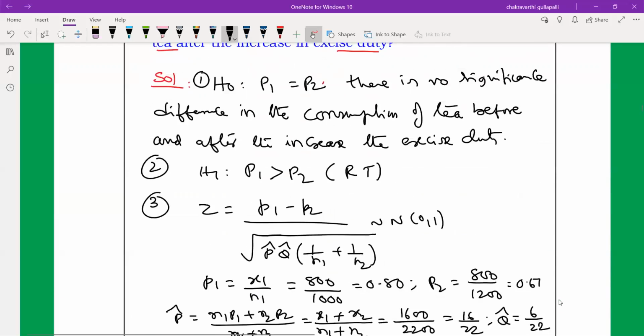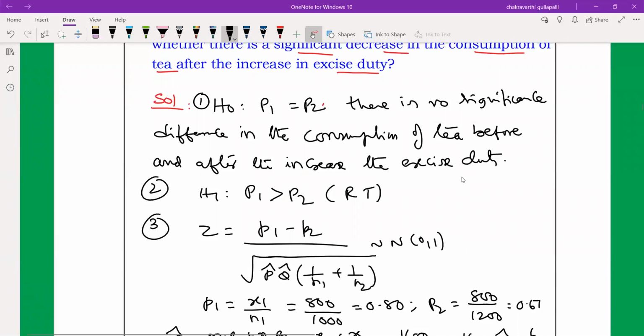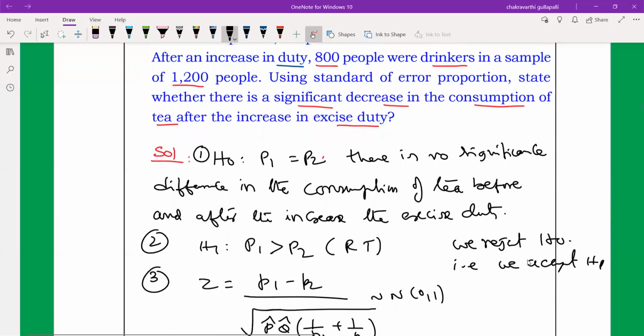We reject H naught, that is, we accept H1. We can say that there is a significant decrease in the consumption of tea after the increase of excise duty. That is the final answer.